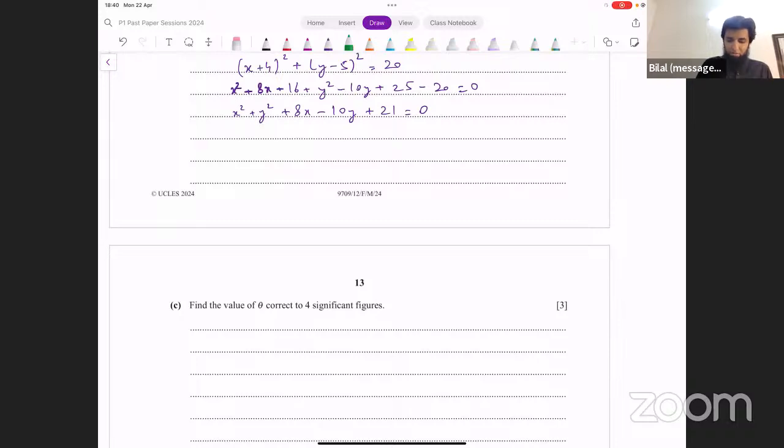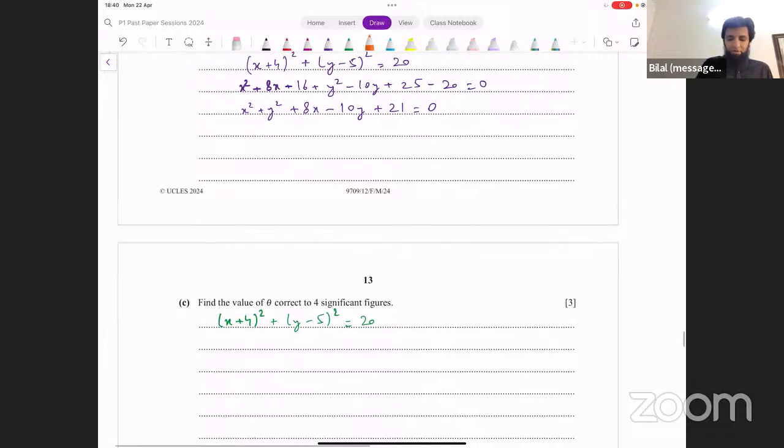That will be quicker. x plus 4 whole squared plus y minus 5 whole squared equals 20. In order to find y-intercepts, all you have to do is put x equal to 0. When you put x equal to 0, what do we get from that? 0 plus 4 whole squared plus y minus 5 whole squared equals 20.